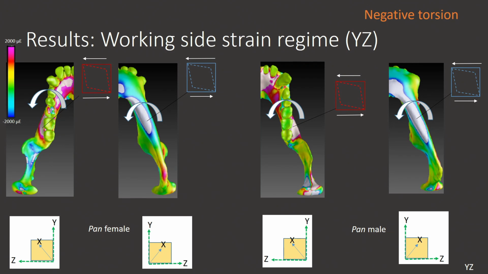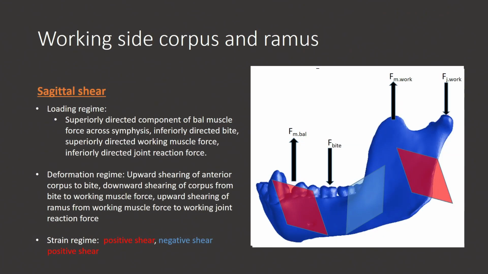If we look at the strains, we can see that positive YZ shear strain along the superior aspect of the corpus is associated with negative torsion of the working side corpus, and negative XY shear along the inferior aspect of the corpus is also associated with negative torsion of the working side corpus. So negative torsion has the effect of inverting the mandibular base and slightly everting the anterior dentition. And the posterior dentition is deformed medially due to medial transverse bending.